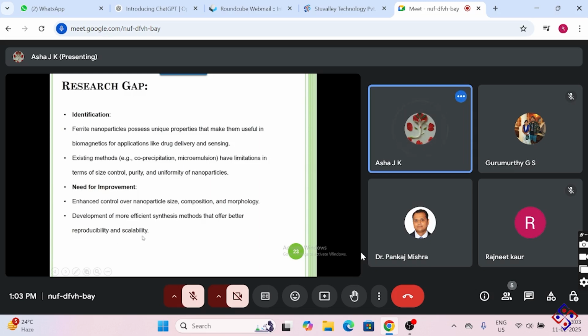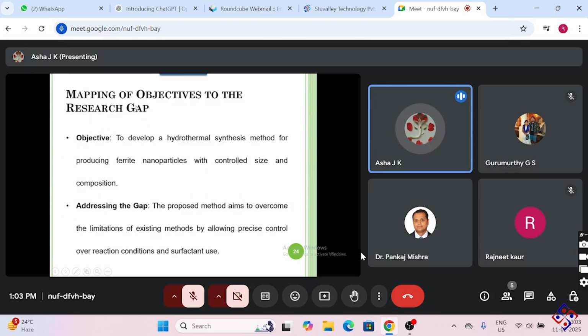reproducibility and scalability. Here is the mapping of objectives to the research gap.